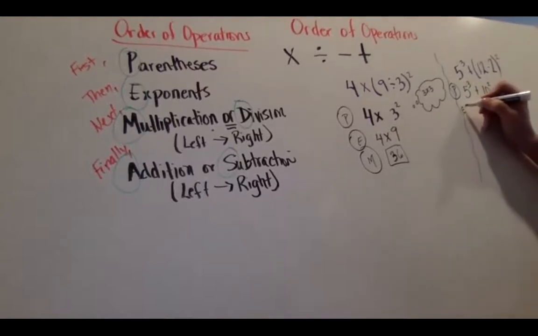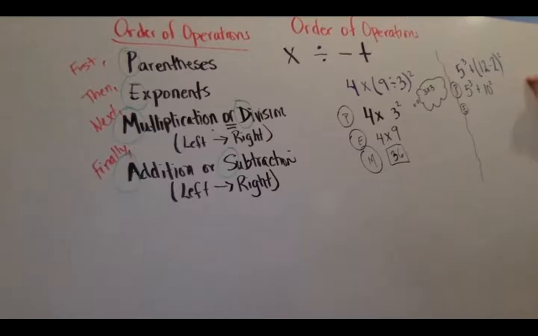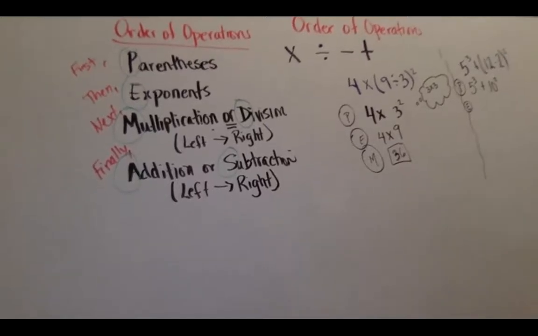Let's pause right there and let them go ahead and type into the chat what the answer is going to be to this problem. What is 5 to the third power plus 10 to the second power? You said something interesting, Mrs. Brown. You said that you would do one step.